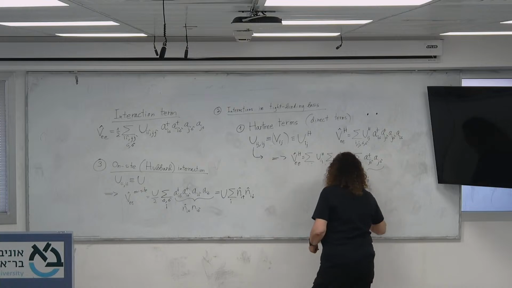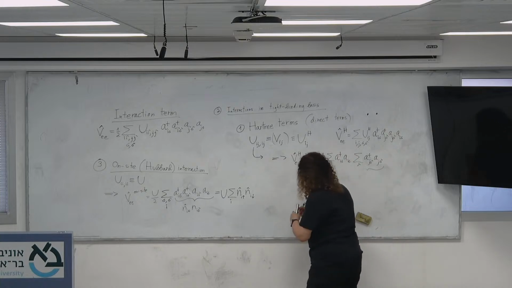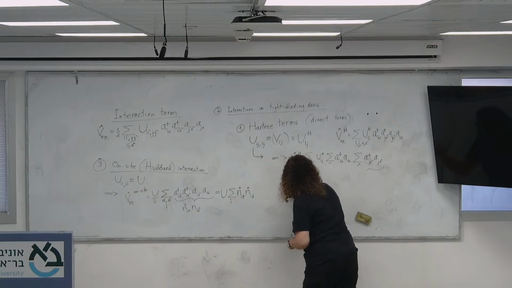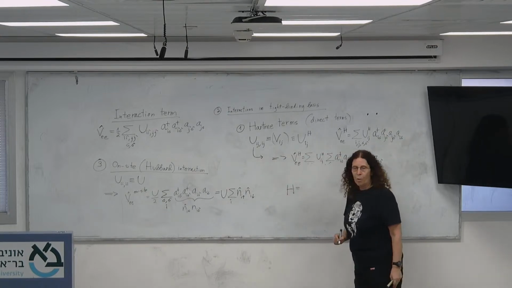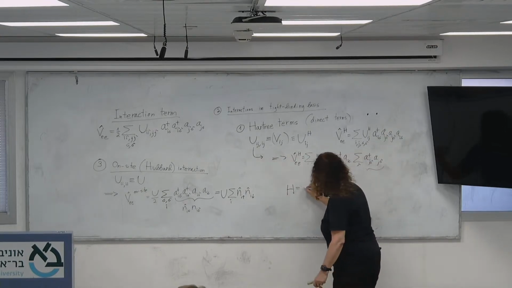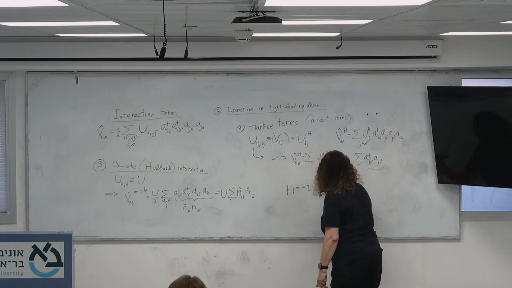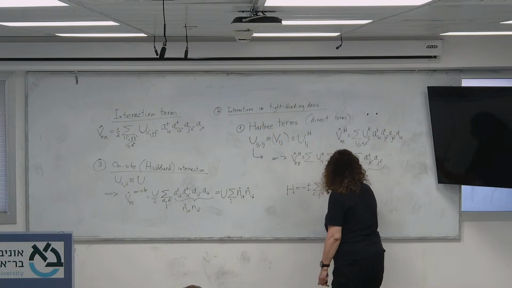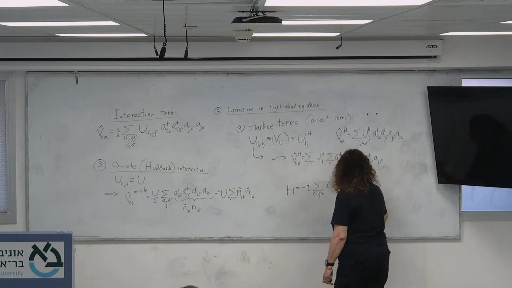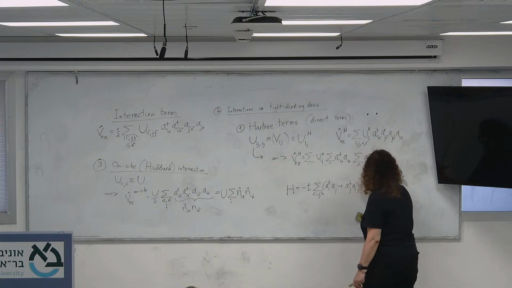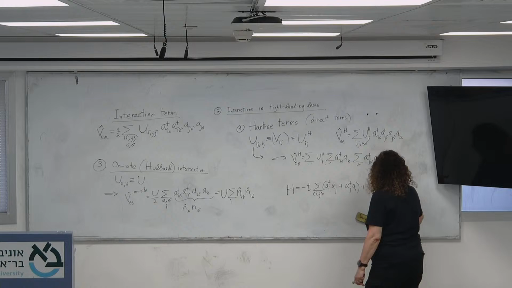Now, if you write a Hamiltonian that has the following form, first term is minus t times the sum over nearest neighbors of A_i dagger A_j plus A_j dagger A_i, plus U times Ni up, Ni down.